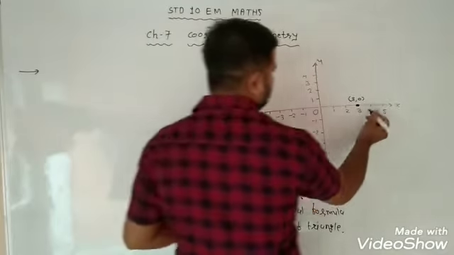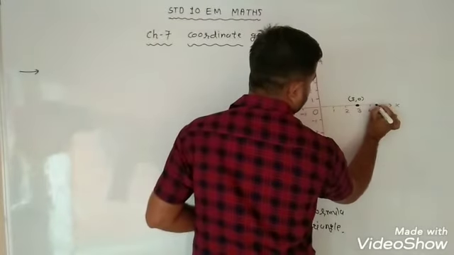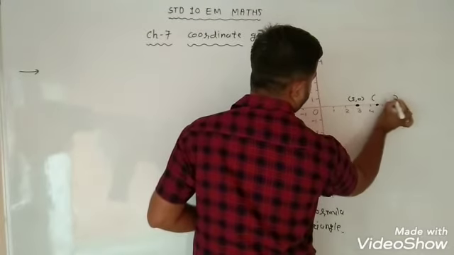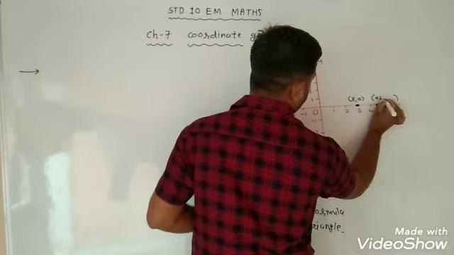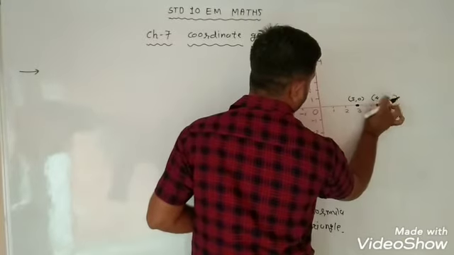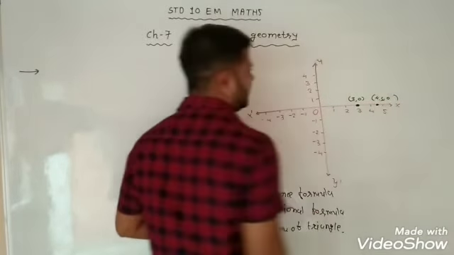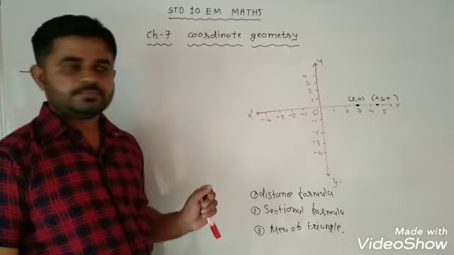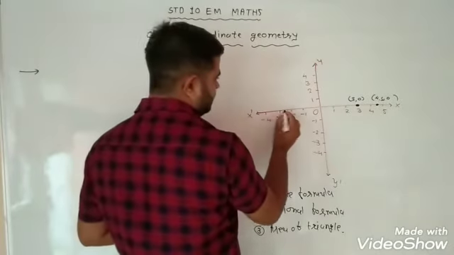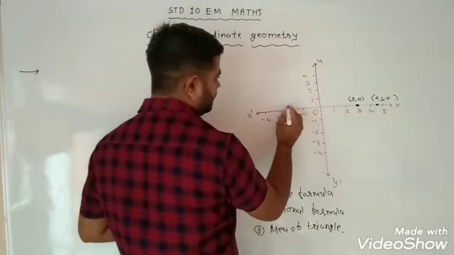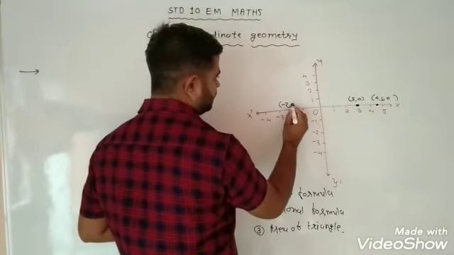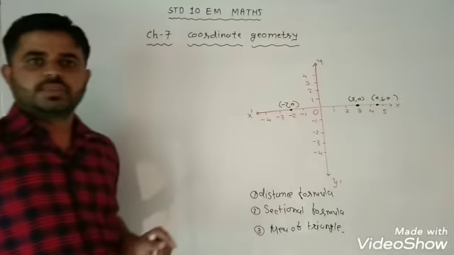Now if we decide this point, then the coordinates of this point are 4.5 and 0. Clear? 4.5 and 0. If we take this point, then the coordinate of this point is minus 2 and 0. Understand?